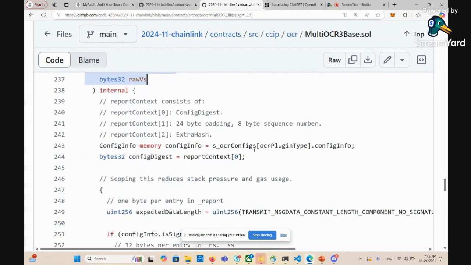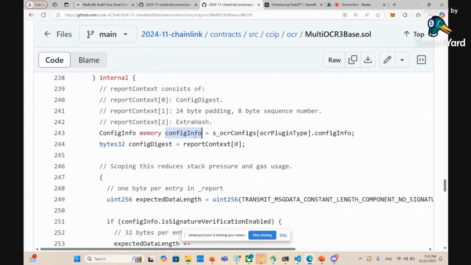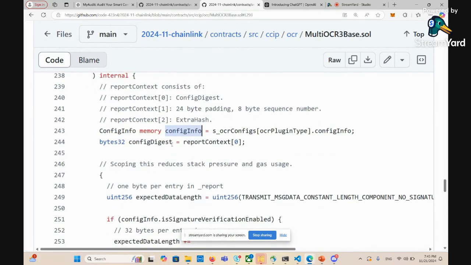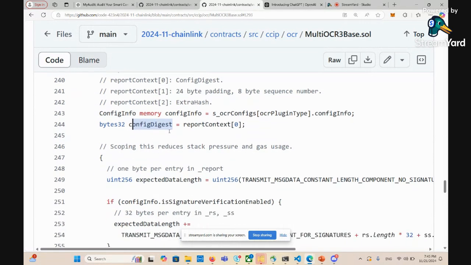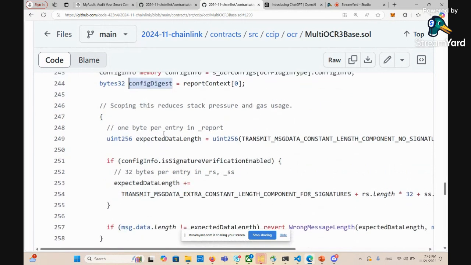So first of all, they are going to retrieve the information of the plugin, which is to get the committee information for the configuration of people. And then they're going to retrieve the config digest so that they can match if this is the right committee, basically the right configuration, because this ID represents the configuration ID. So the configuration has to match.